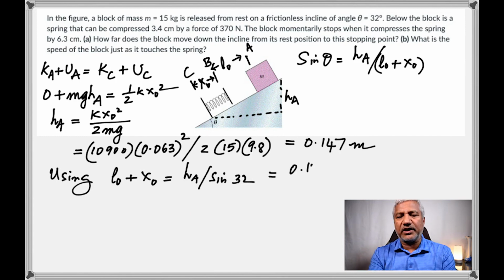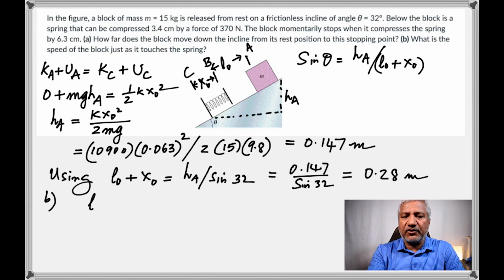That's just rearranging that equation. We can now find L0 plus x0 because I have HA, divided by sine 32, and that gives 0.28. So how far does the block move? It moves a total distance of L0 plus x0, which we have now.